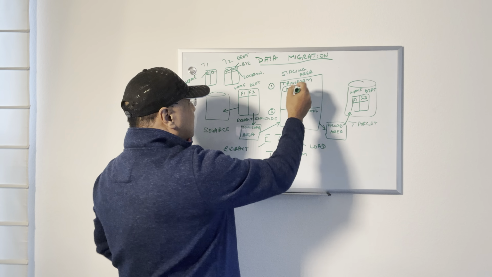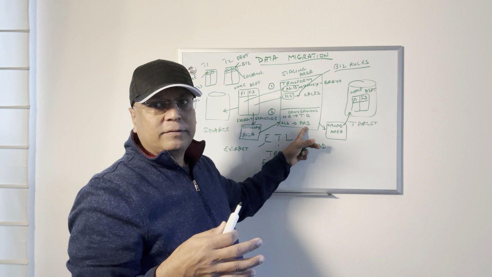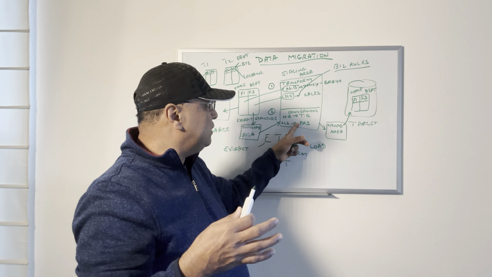Sales has become PRS, which could be procurement, right? And NB I'm changing to TB. That means the position has moved from NB to TB, and this could be Tom, which is a different person, and sales has moved to procurement, PRS. So this is again a business rule.